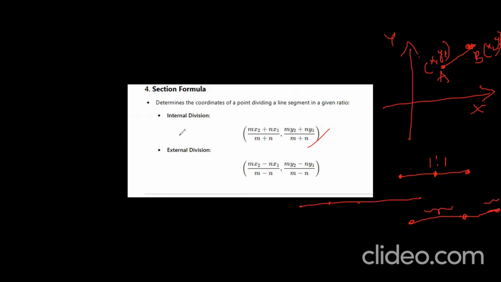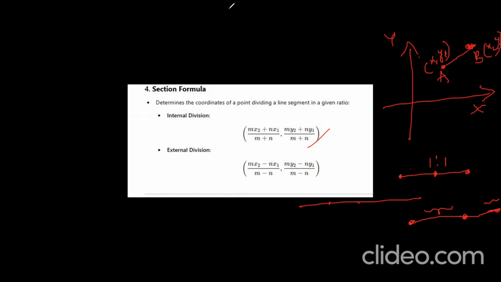If the point divides the line segment internally, meaning inside, in between the 2 points, that is called internal division.